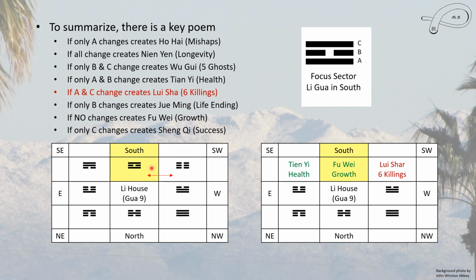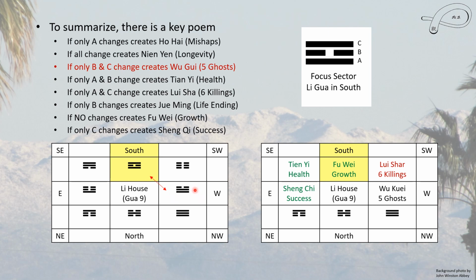Here we have A and C, the top and the bottom change. So that creates the 6 killings. We look at this: bottom stays, middle stays, only the top, only C, changes. So that's how we get success. Here, what changes?